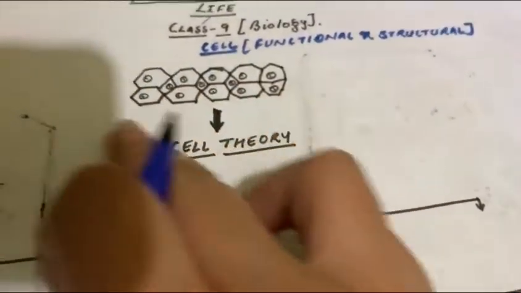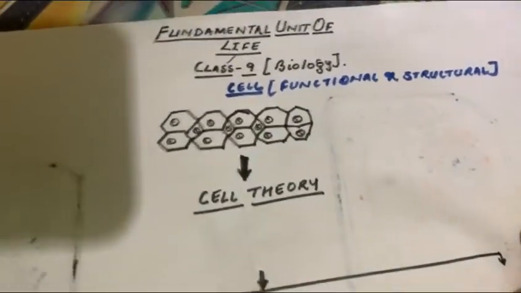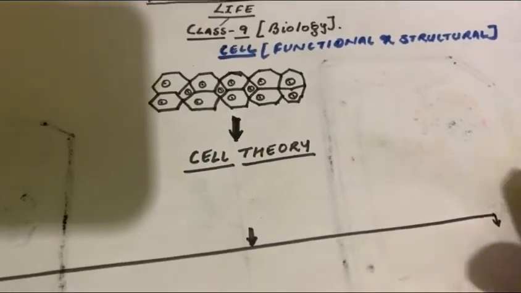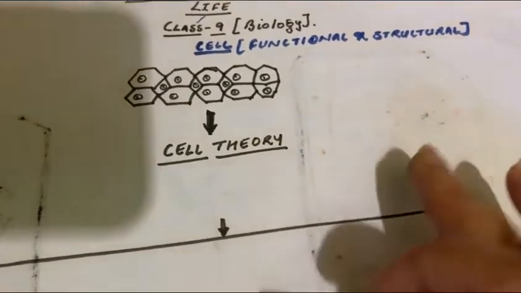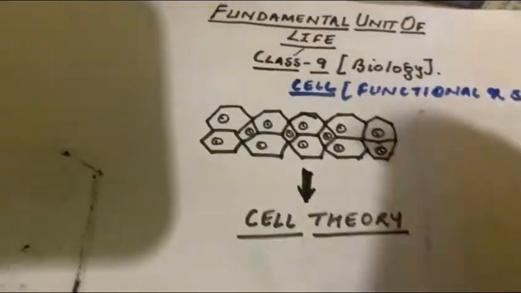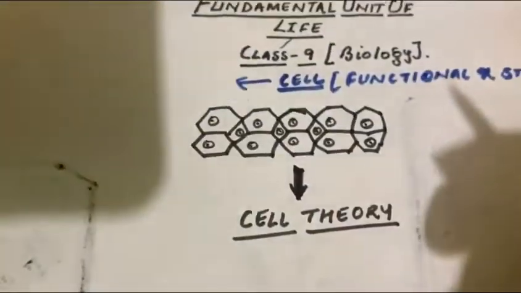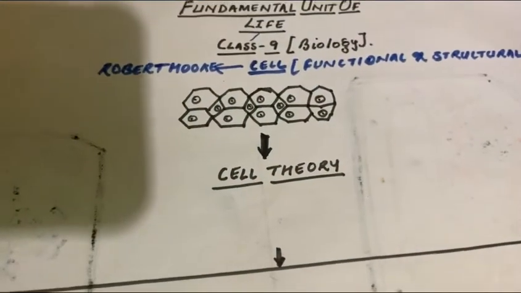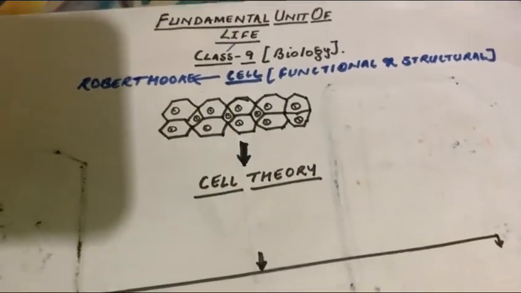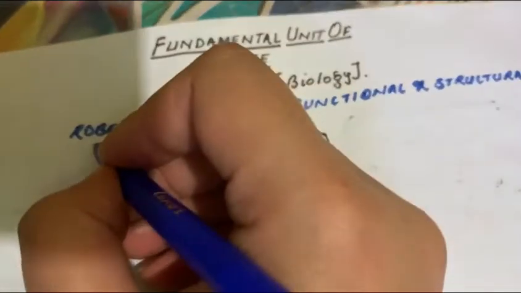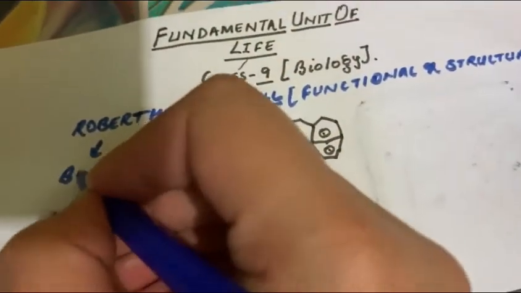Secondly, if you see this diagram, what is this? This is a kind of structure which was very firstly observed by the discoverer of the cell. Who was the discoverer of the cell? The cell was discovered by Robert Hooke. How did he observe it? He observed it in the bark of a tree.